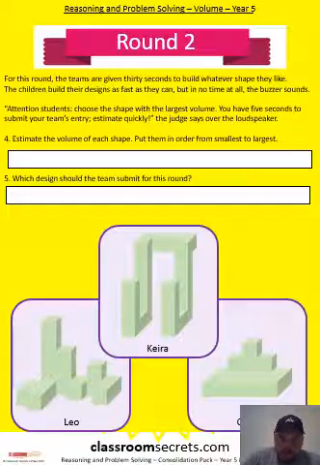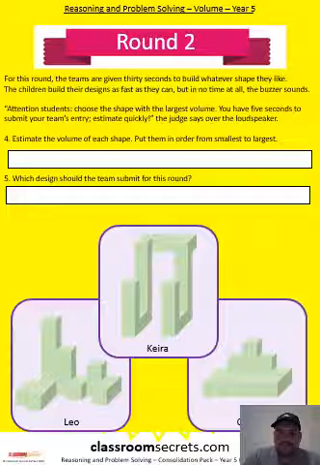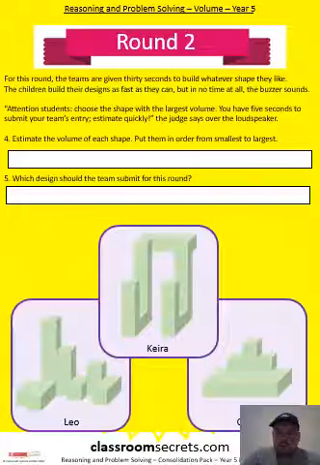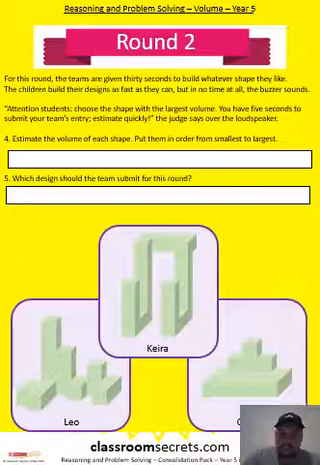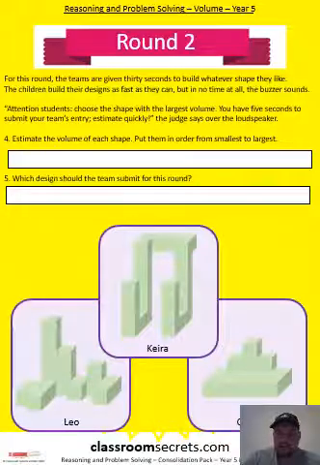You could go around working out how many blocks each child's used and then put them in order from smallest to largest. You may make a mistake here because it is quite hard to work out, but just give it a good go.